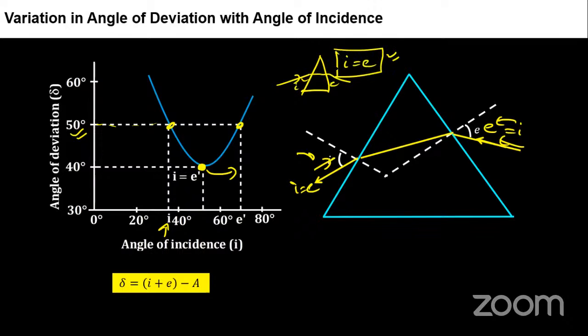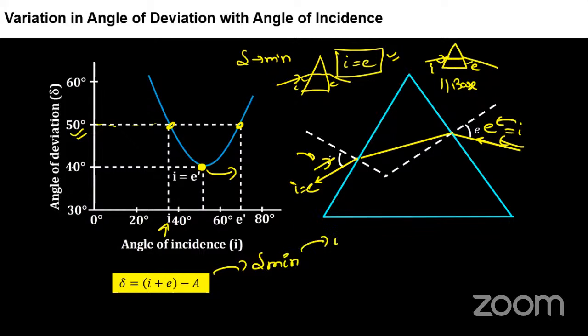For such a case, we'll say angle of deviation will be minimum. And the ray which will be passing inside the prism will be parallel to the base, such that emergent angle will be equal to the I angle. So remember this thing. Now we need to find that angle of minimum deviation and also that I equals E, for which this condition, that is angle of deviation minimum, will be visible.